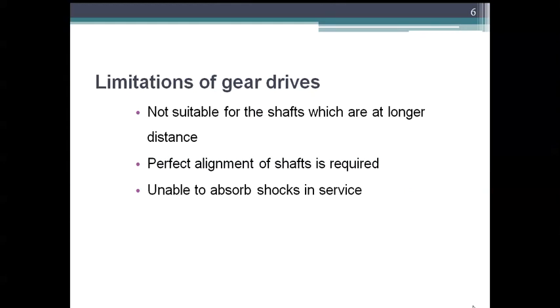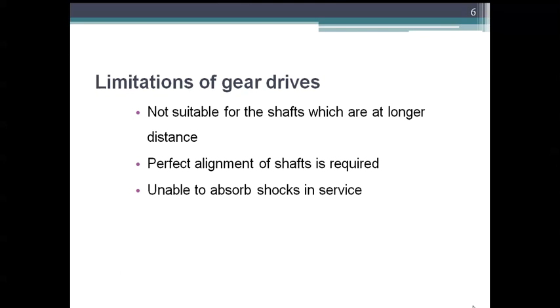And it requires more lubrication than chain drives because it is always in metal to metal contact. Teeth to teeth contact is always there in the transmission, so it must always be lubricated.